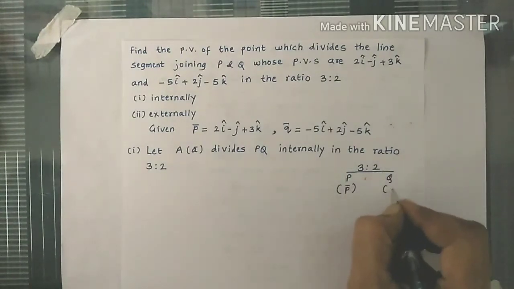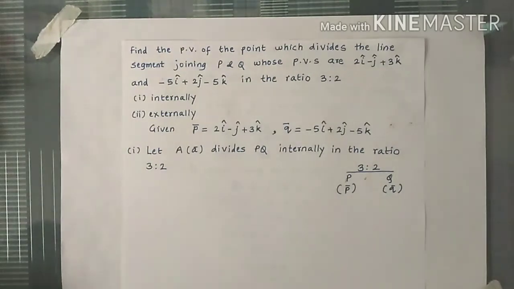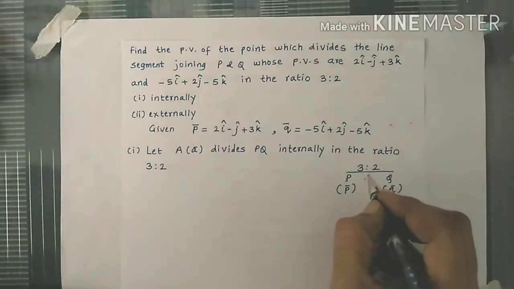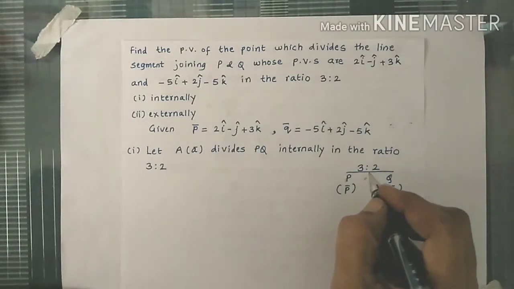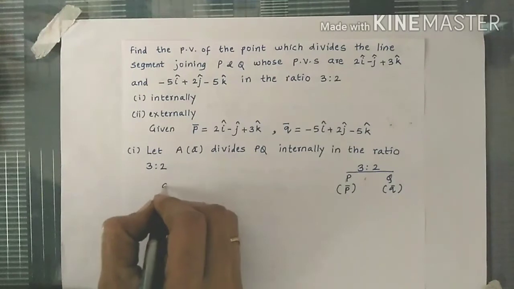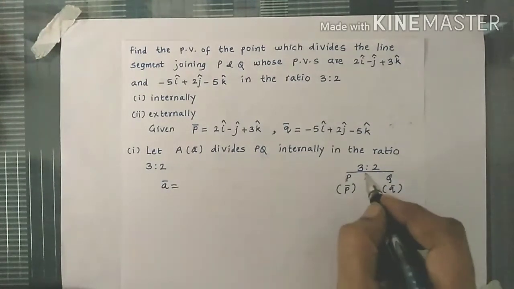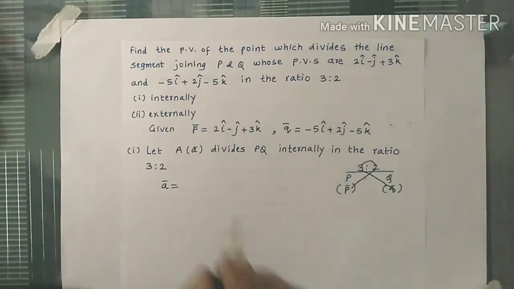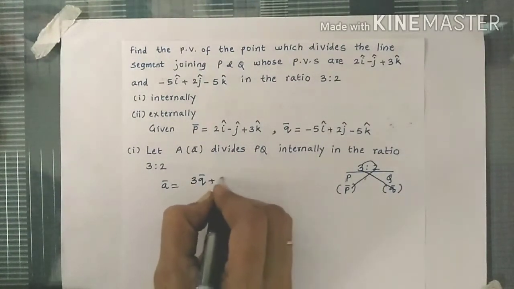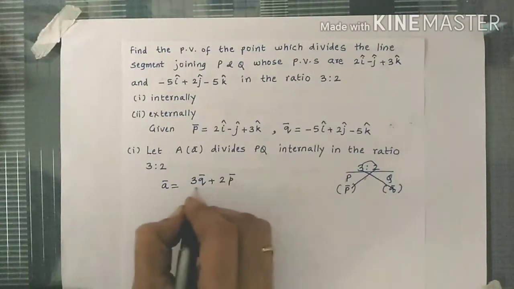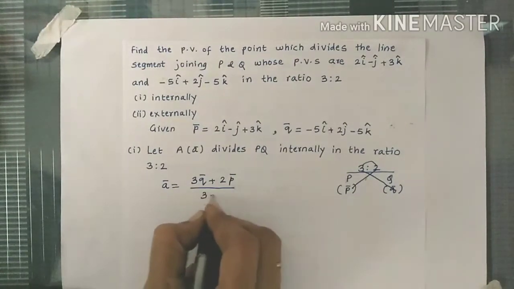So the position vector of P is P bar, the position vector of Q is Q bar. So by the section formula for internal division, the position vector of the point of division, that means A bar, equals 3Q bar plus 2P bar divided by 3 plus 2.